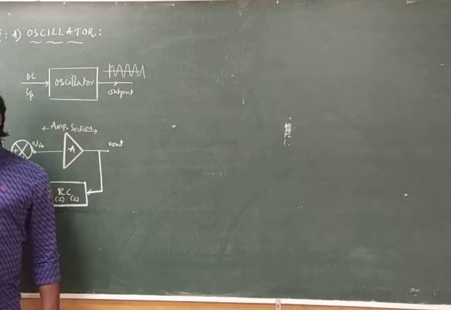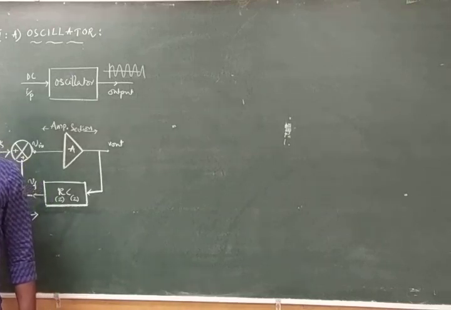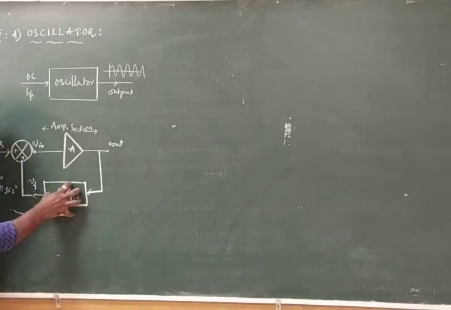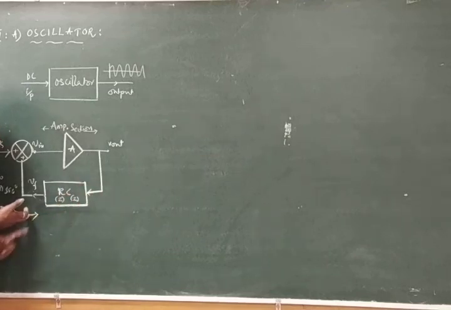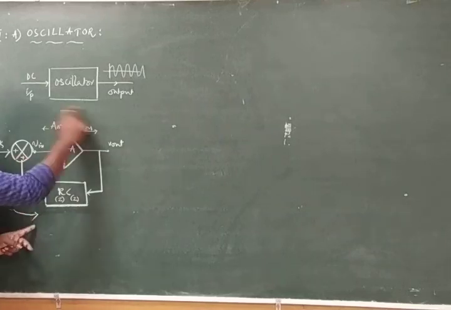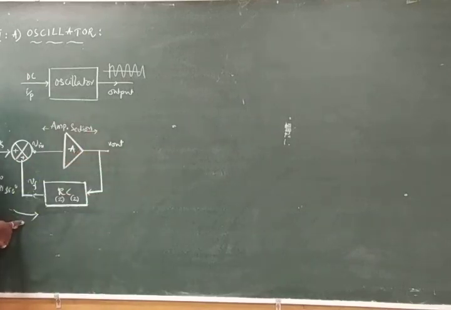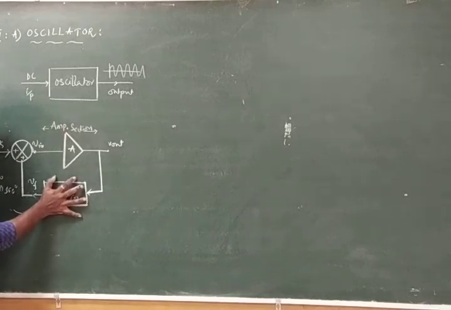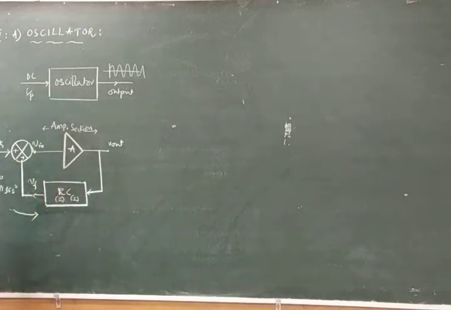The name is RC phase shift oscillator because the feedback network is able to provide 180 in order to reach 360 degrees, so the amplifier section has to provide one more 180. 180 plus 180 is 360. In the case of the Wien bridge, the amplifier is a non-phase shift amplifier, so it will not provide the phase shift of 180 degrees.